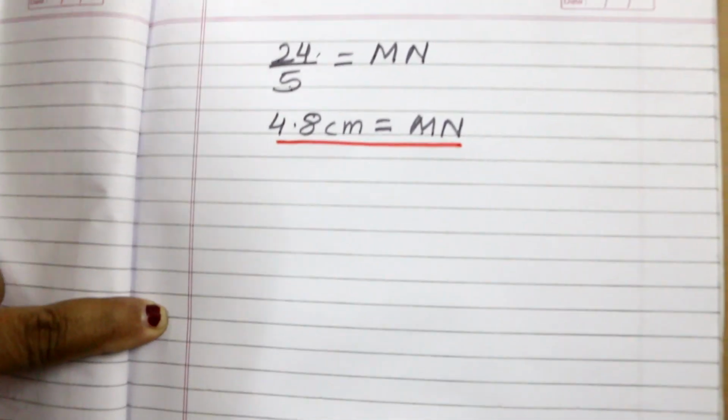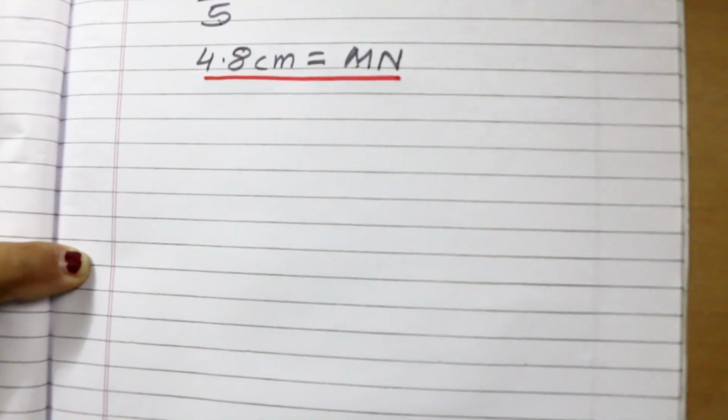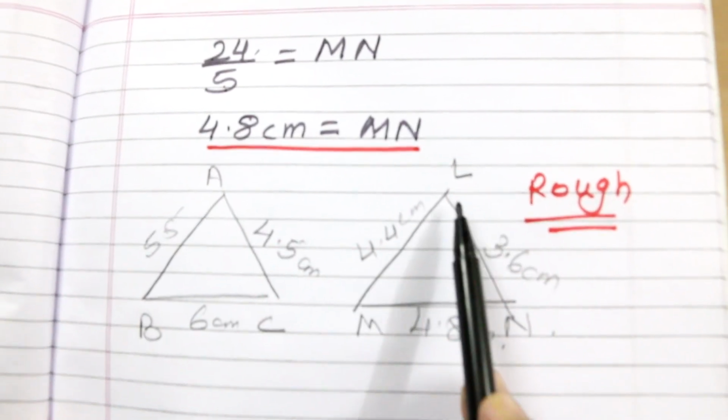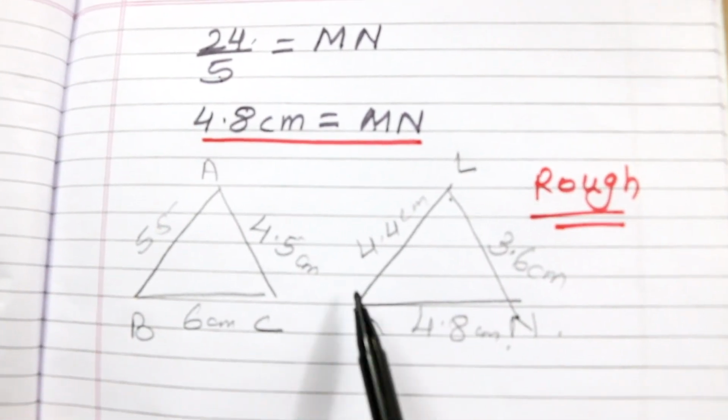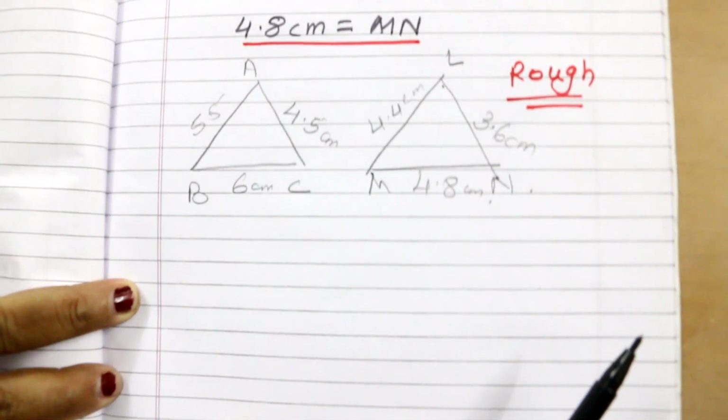So let us draw the rough figure. After getting all the sides of triangle LMN, we have drawn the rough figure, and referring to this rough figure, we are going to do the construction.